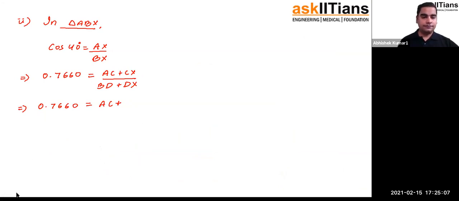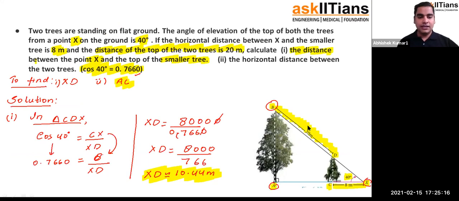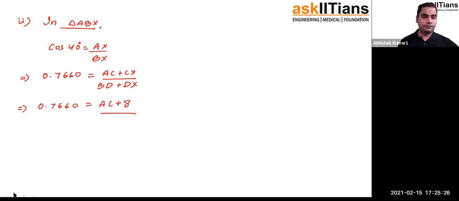In the denominator, you have BD plus DX. BD is 20 meter, and DX we calculated, which is approximately 10.44. So you will have 20 plus 10.44.